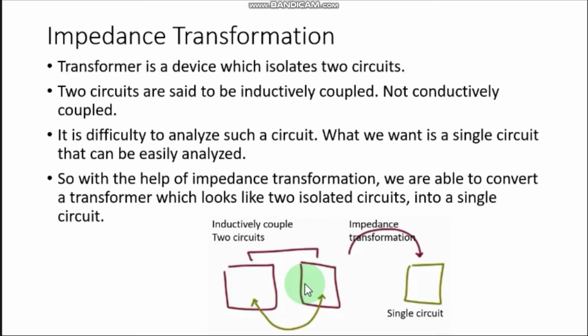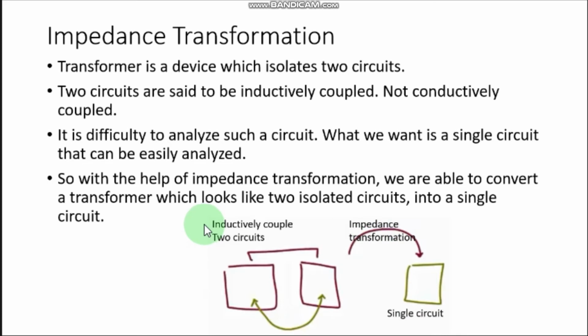So to do the calculations as normal circuits, we have to make these two circuits into one single circuit, which is conductively coupled, by using impedance transformation, right? So what we are going to do is refer all the impedances on the secondary side to the primary side, and consider it as a single circuit, through impedance transformation.